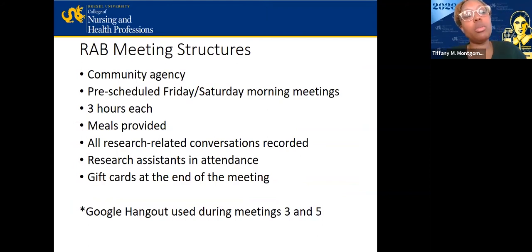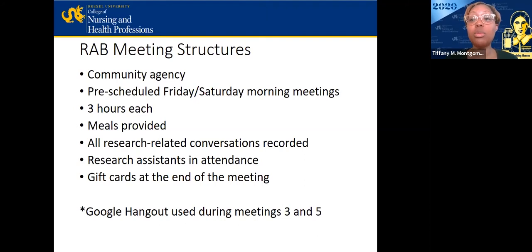So with community-based participatory research, again, each partner, I'll say, the community or the researcher, is just as important as the other. So I really took care not to have things at the university.